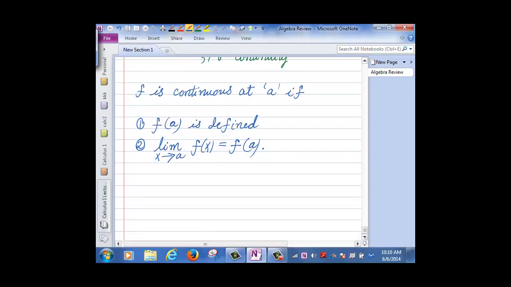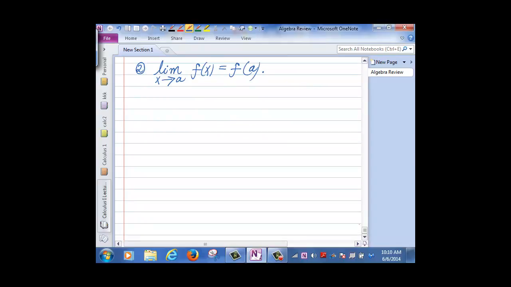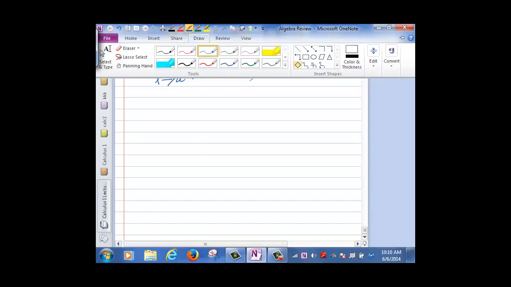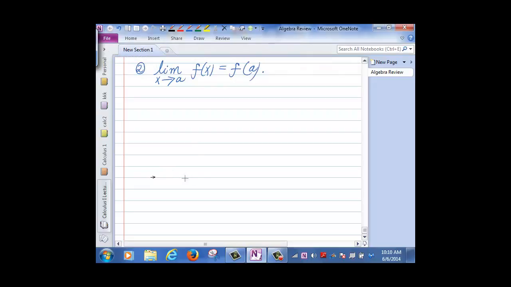For example, recall that we saw this graph of a function that looks like this, and let's say I have the number 2 right here.